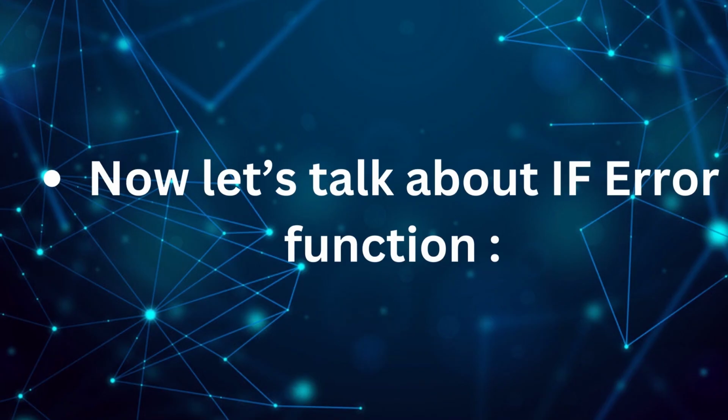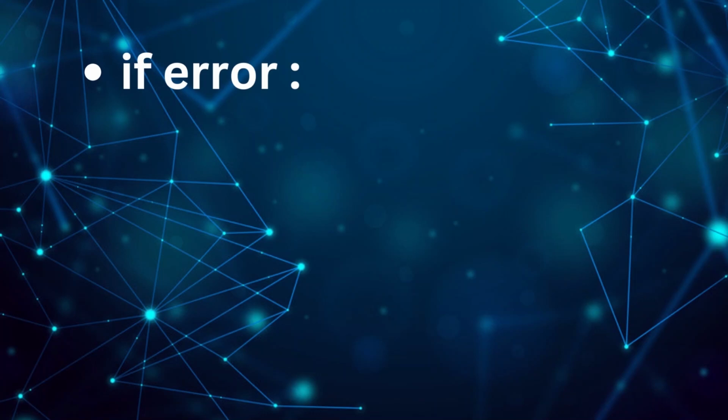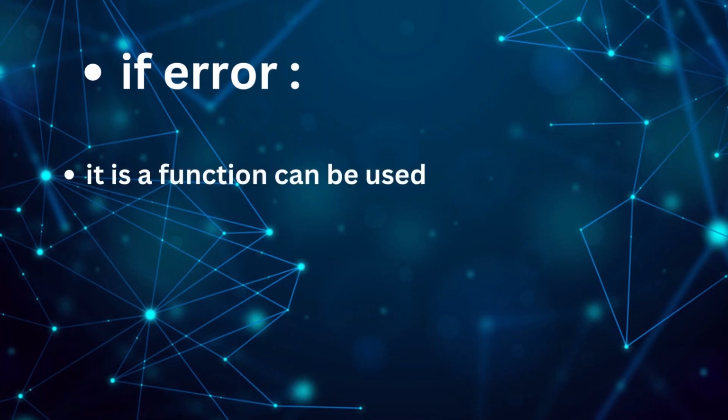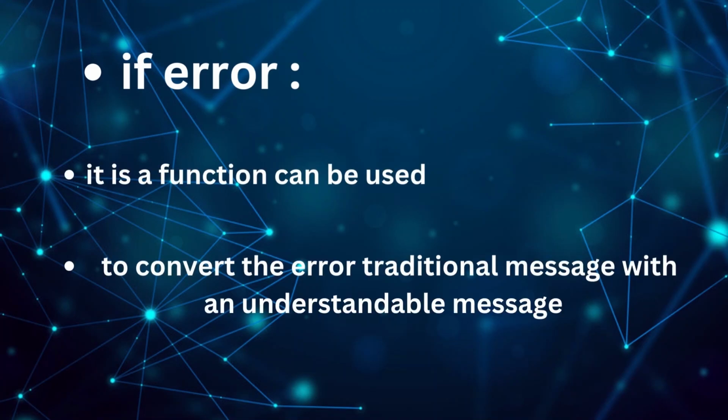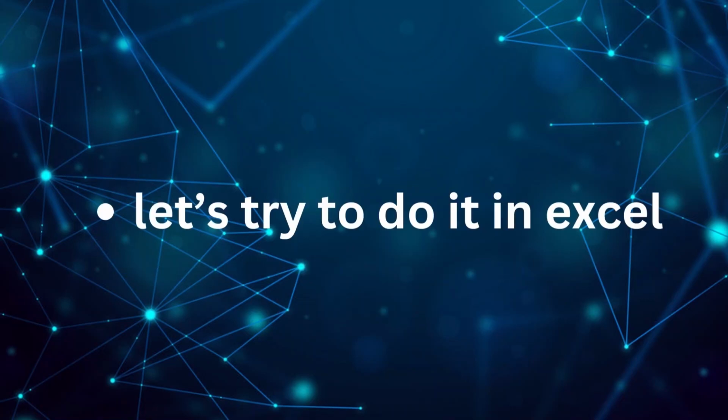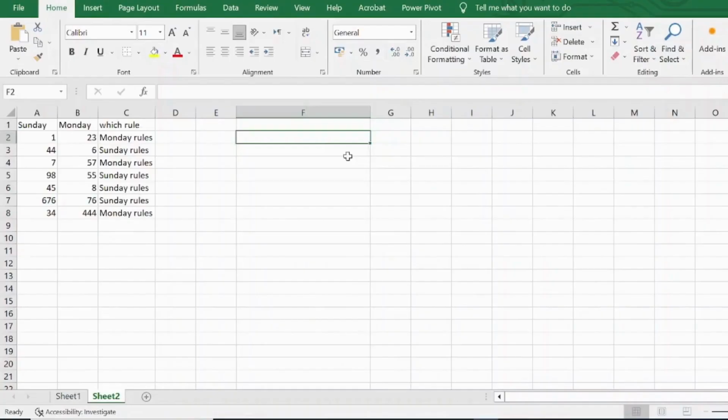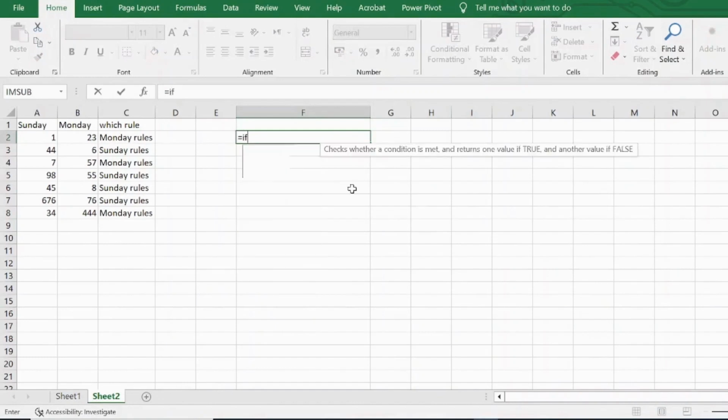Then close parenthesis. Type the message in double quotes. Now let's talk about the IFERROR function. It is a function that can be used to convert the traditional error message to an understandable message. Let's try to do it in Excel. Let's do the same fault with VLOOKUP but with IFERROR. So IFERROR. Open parenthesis.